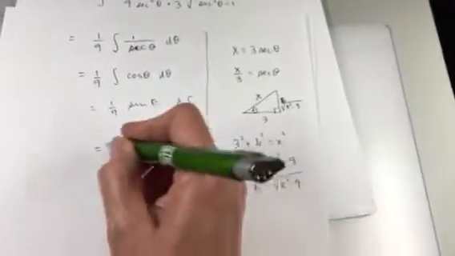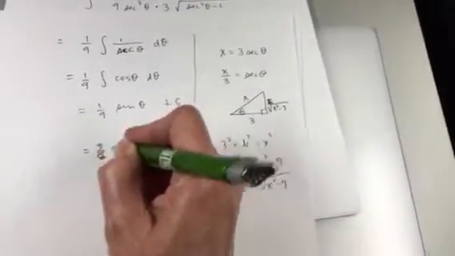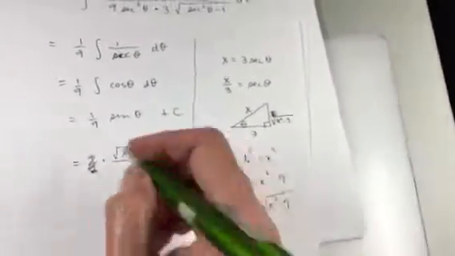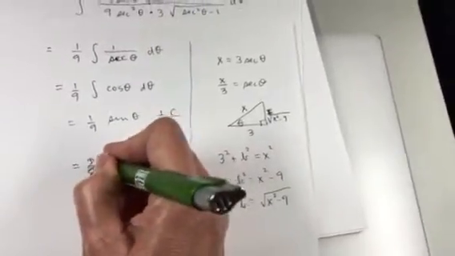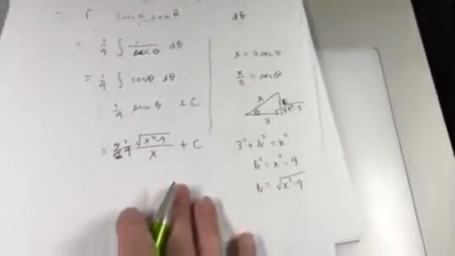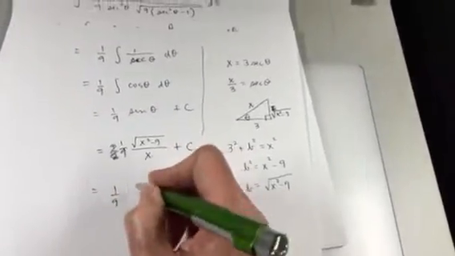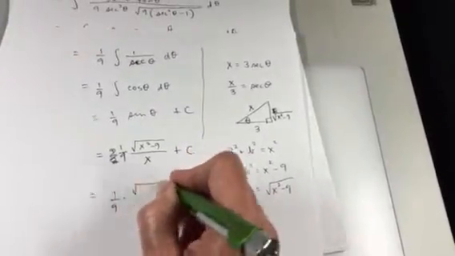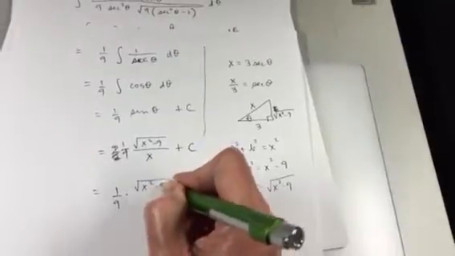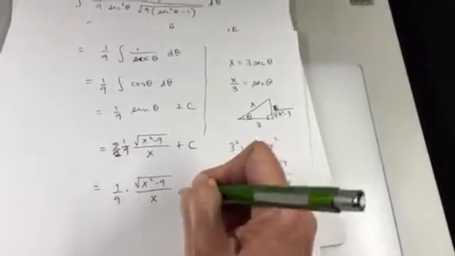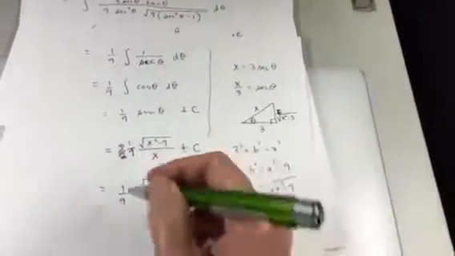All right, so that's an easy fix. I was afraid I'd made a bigger mistake. That should be 1/9. Let me rewrite this answer. So 1/9 times the square root of x squared minus 9 over x plus c. There's my final answer for that problem.